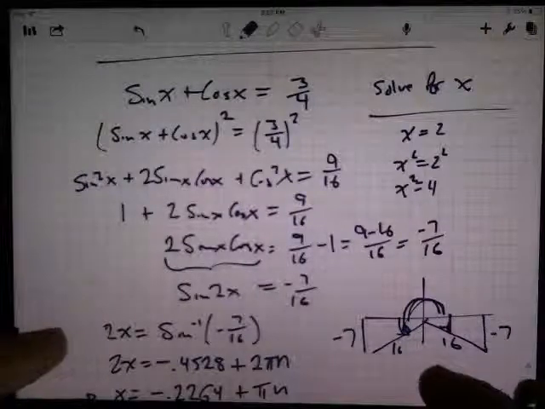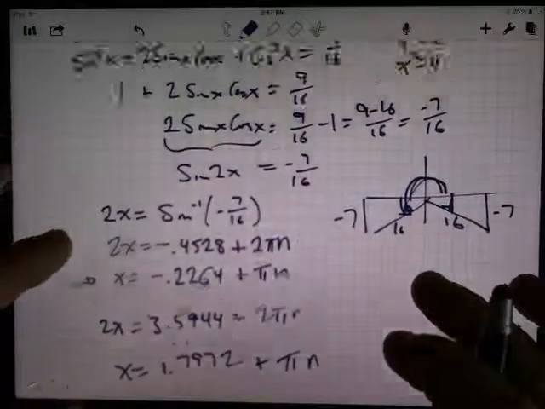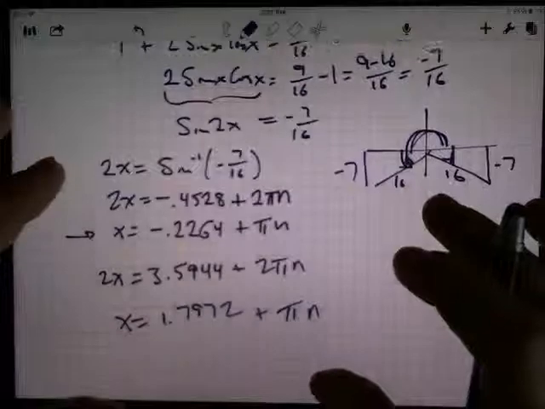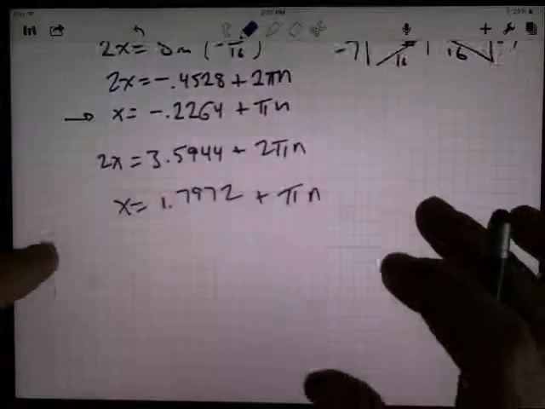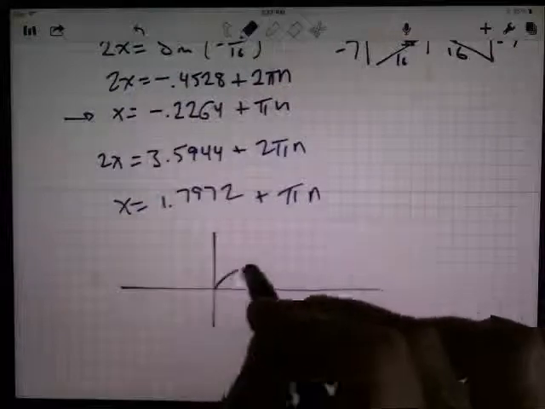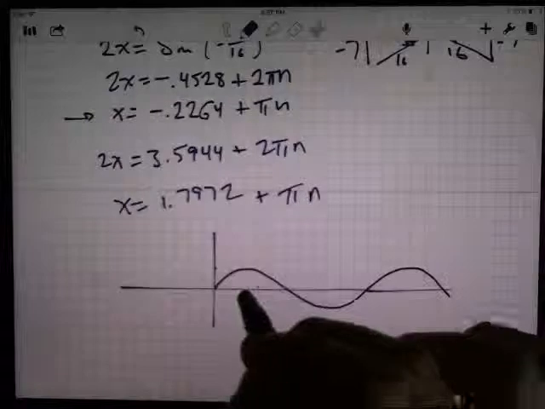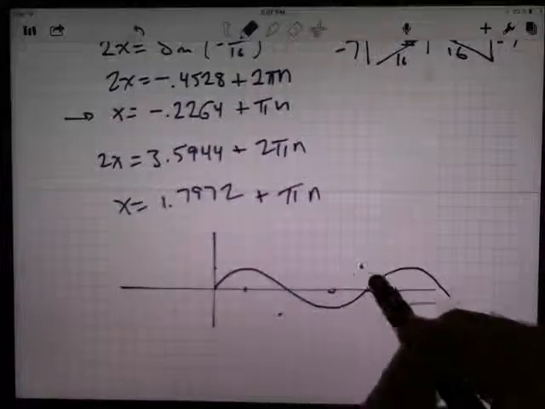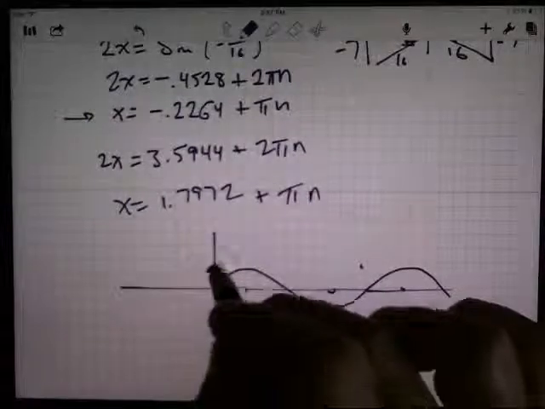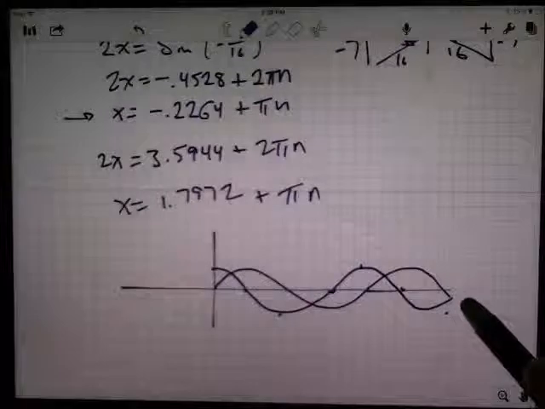And what I'm going to do here, if I look at the sine curve and the cosine curve, oops, I started coming up too soon.